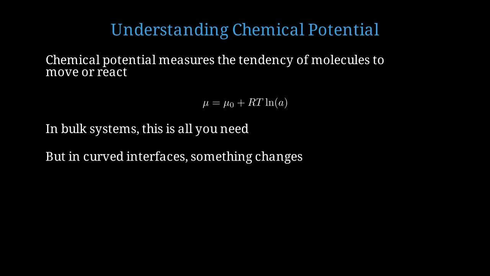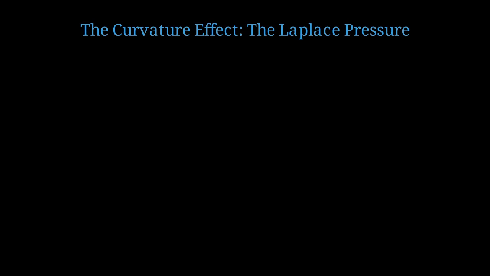However, when we have highly curved interfaces, like the surface of a tiny droplet, an additional term appears that modifies the entire equilibrium. The key to understanding this paradox is the Laplace pressure. This is an extra pressure that exists inside curved interfaces. The Laplace pressure delta P equals gamma times the sum of 1 over R1 plus 1 over R2.